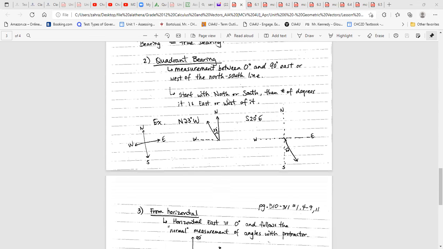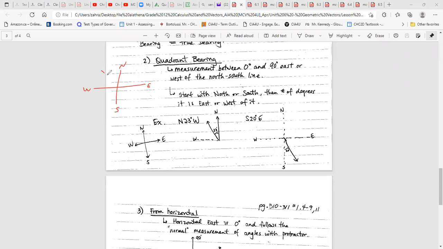So for quadrant bearing, you know, like north 23 west. As you know, this is east, this is west, this is north, this is south. North 20 degrees west is here. Sorry, this is east. Let me just erase this and say it again.